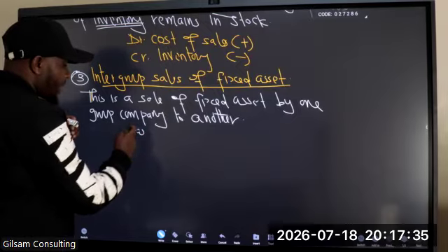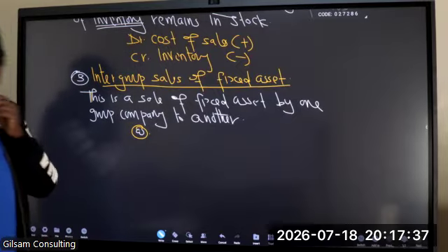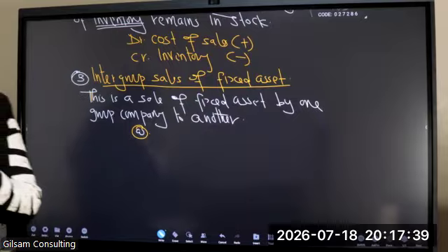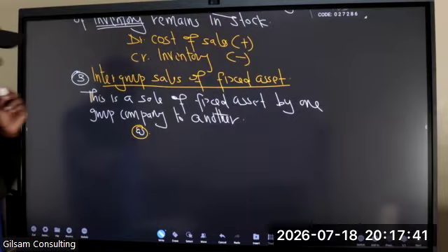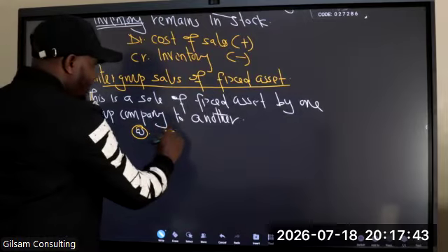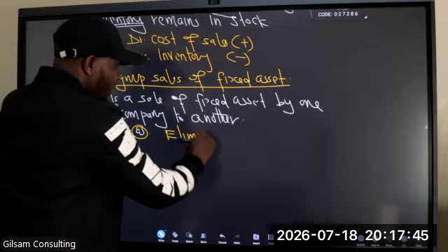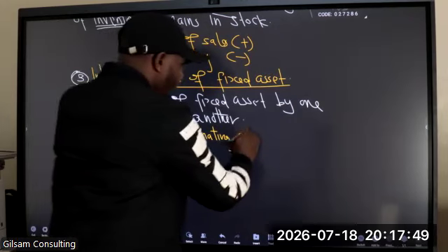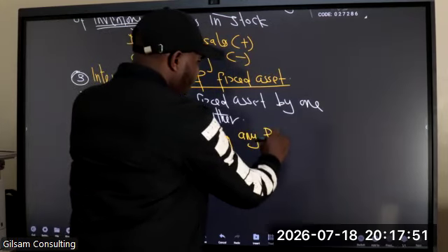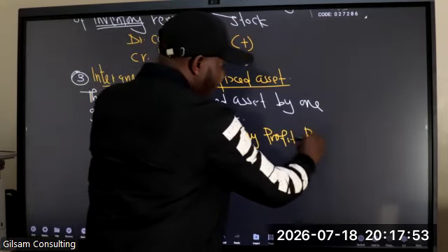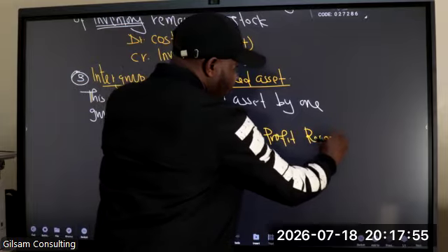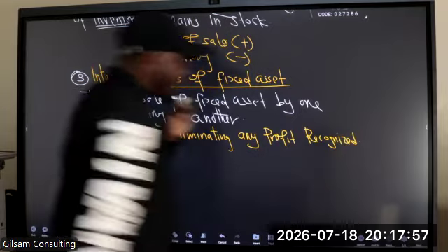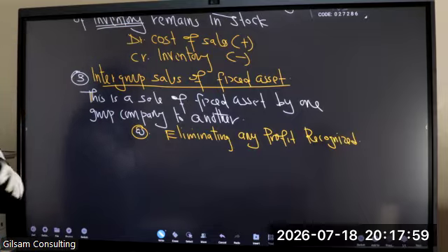The first adjustment is A, eliminating any profit recognized.